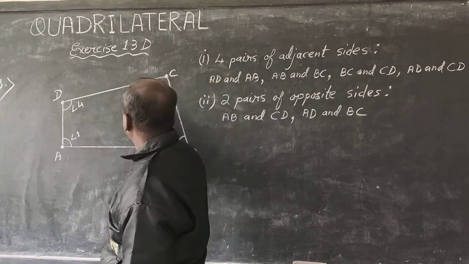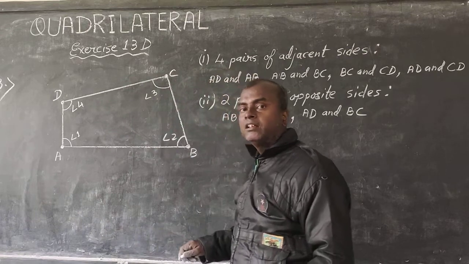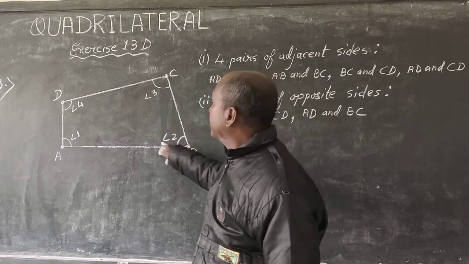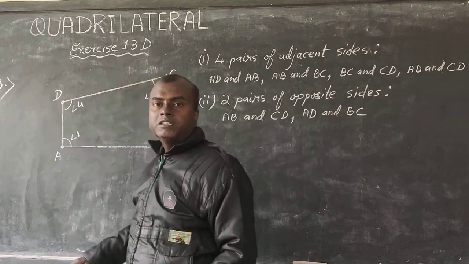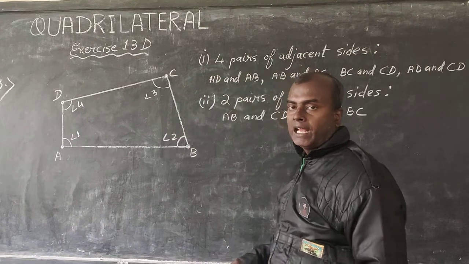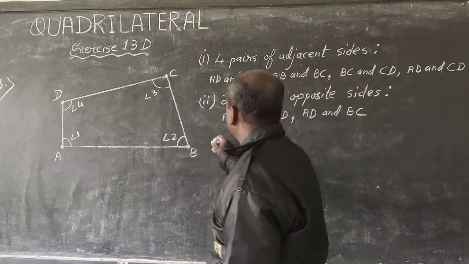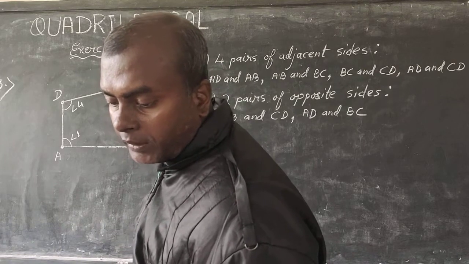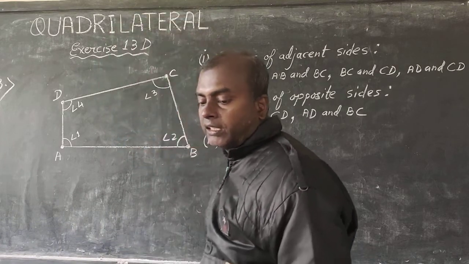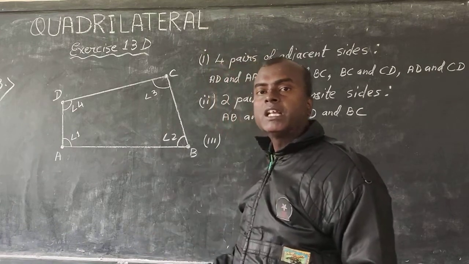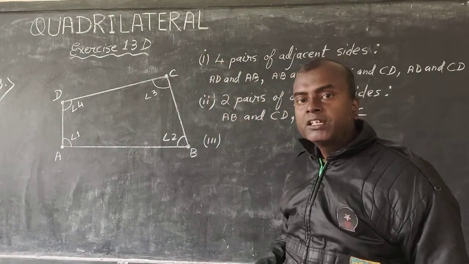So angle 1 and angle 3 are opposite angles. Similarly, vertex B and vertex D are opposite vertices. So angle 2 and angle 4 are opposite angles. So the question is, how many pairs of adjacent angles are there? And the next one is opposite angles. So just now I said about opposite angles. So which are adjacent angles?